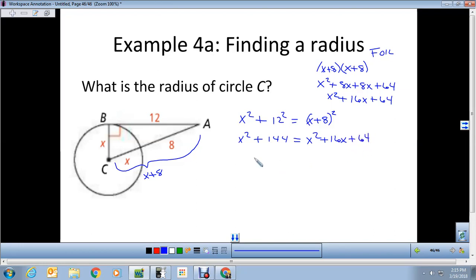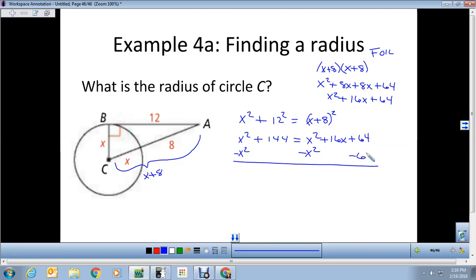So now it's a matter of solving for x. The one thing you'll notice here is that the coefficient in front of both x squareds is a positive 1, which means when we subtract, bring one to the other side, it's going to cancel out. So if I bring the x squared over here, it's going to leave me with 0 x squareds, which means I'm going to have my only x's over here, so that means I need to bring the 64 to the 144.